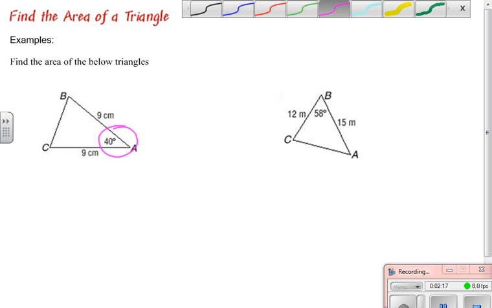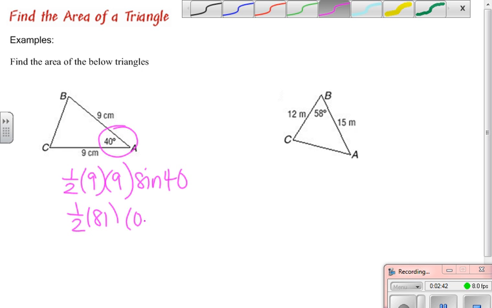Here's my angle. So if I take 1/2 of 9 times 9 times the sine of 40, I have 1/2 of 81, and the sine of 40 is 0.6429.